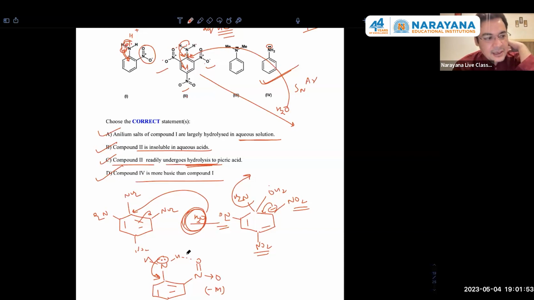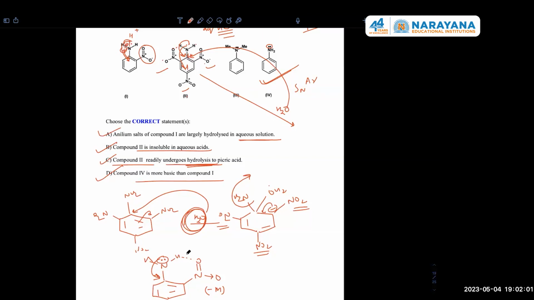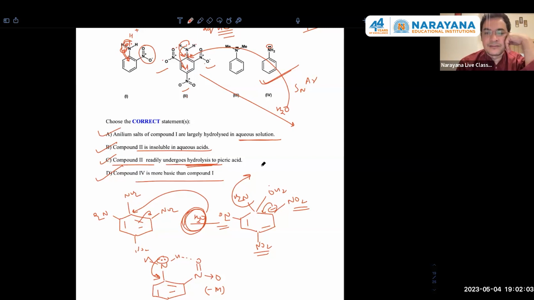In the next session, we'll discuss basic strength or acidic strength, whatever you say. In the last, whoever wants to discuss basic and acidic strength can stay here in the class. The remaining students can leave.